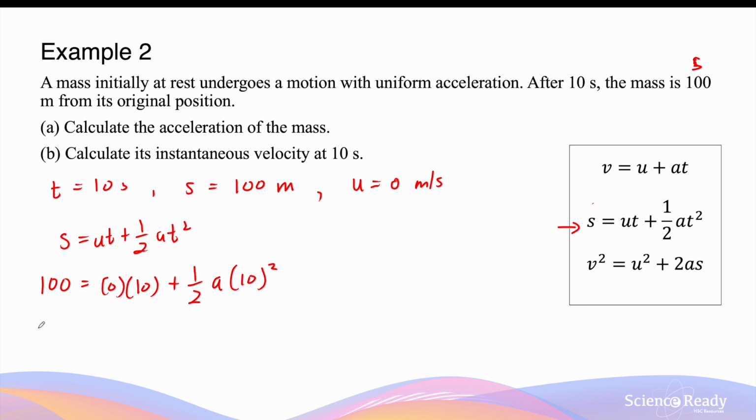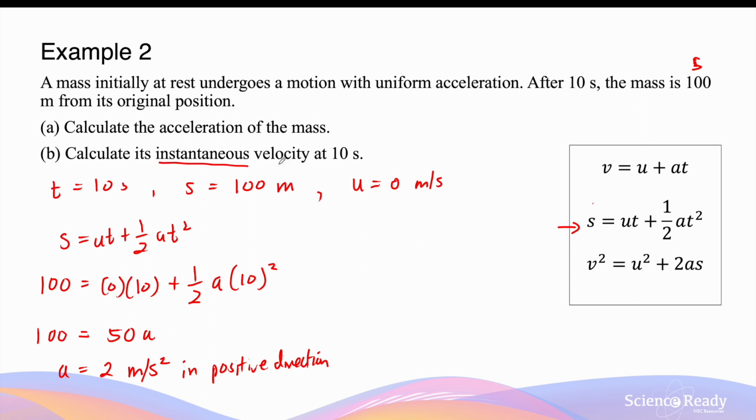So this is 100 is equal to 50a. A is 2 meters per second squared, here in the positive direction. Because we are not given whether this is north, east, south, or west, we have to describe the direction in a more generic manner. Calculate its instantaneous velocity at 10 seconds.